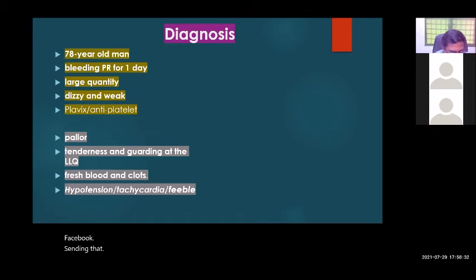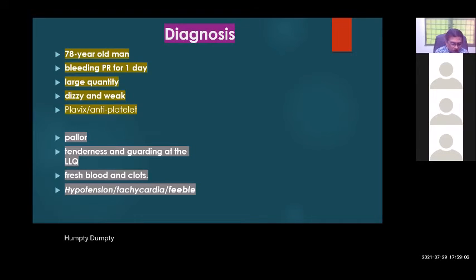What is the importance of the tenderness, fresh blood and clots? I'm not sure, doctor. Fresh blood means one is a very large amount.